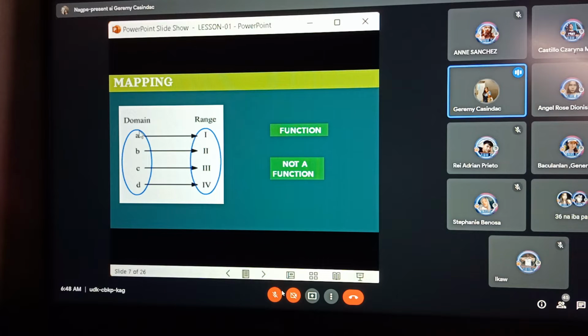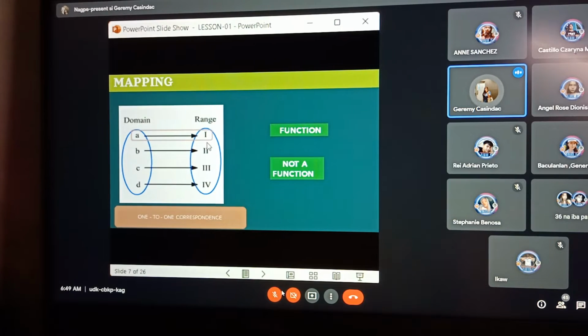Okay, so first, let's take a look at the given example. We have the domain in the first column, A, B, C, and D, and the range in the second column, Roman numeral 1, 2, 3, and 4. As you can see, in the first domain, we have A and Roman numeral 1. So this one is what you call a 1-to-1 correspondence.